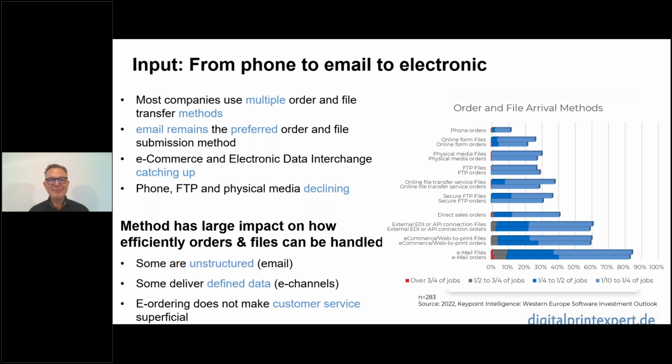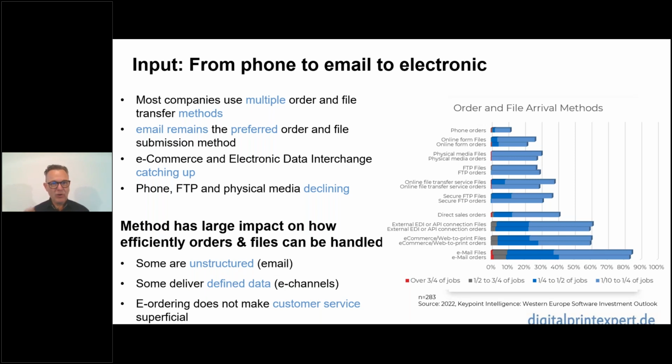Now, you could say this is mainly an academic discussion, what is the biggest method and so on. But it actually has a lot of implications on how a print job can be processed afterwards, because an email essentially is an unstructured way of sending data, of communicating, while the e-channel web to print is structured.